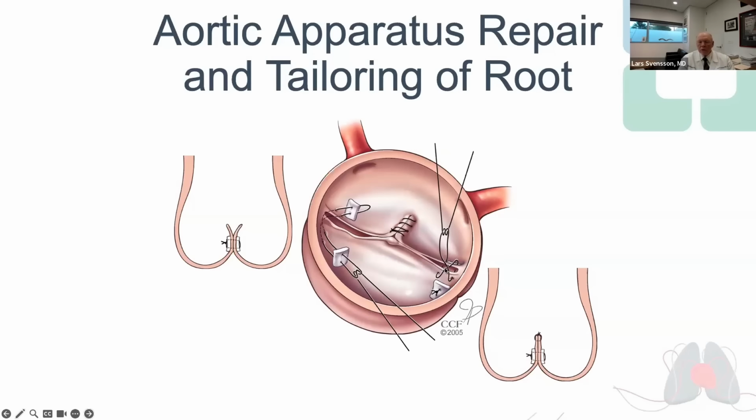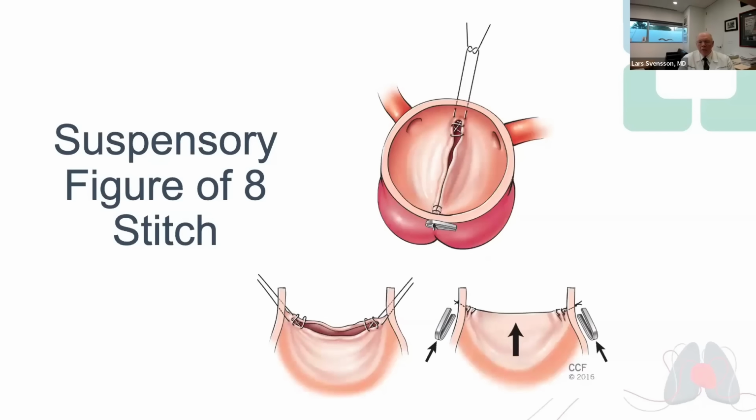And then the figure of 8 sutures does that also, but it also hitches the commissure higher up. So here I tried to show that. It brings it up so you have more apposition of the leaflets, which improves the ability to control the regurgitation of the valve. I'll show some of the anatomical features as we go through here.